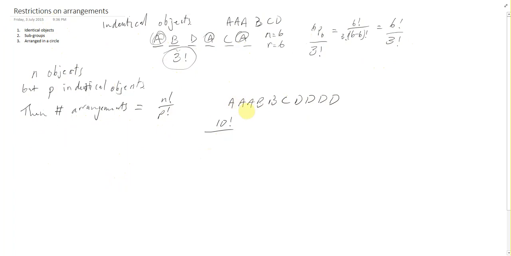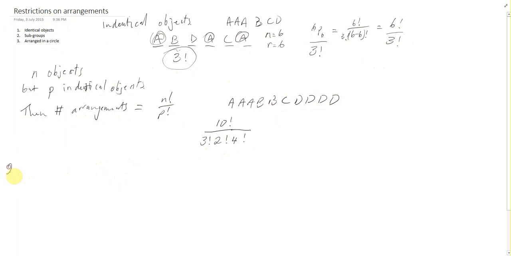Well, we've got 3 identical A's, so we're going to divide by 3 factorial. But we've got 2 identical B's, so that's another divide by 2 factorial. We've got just 1 C, so we don't need to worry about that. And 4 D's, so that's another 4 factorial being divided there. So it's the same thing, but you're dividing by more factorials. So there's how you deal with the case of identical objects.